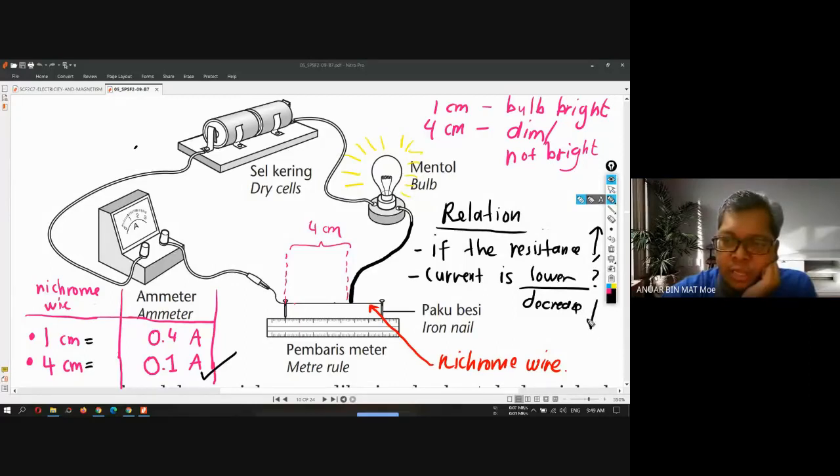If the resistance increases, the current decreases. It depends on the length of the nichrome wire here. If it is longer, it has higher resistance. You understand this?